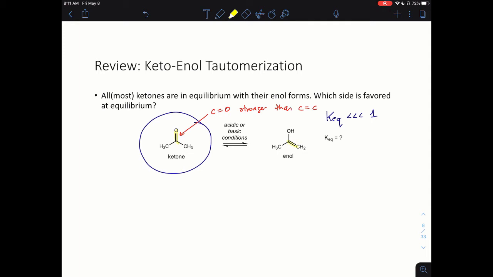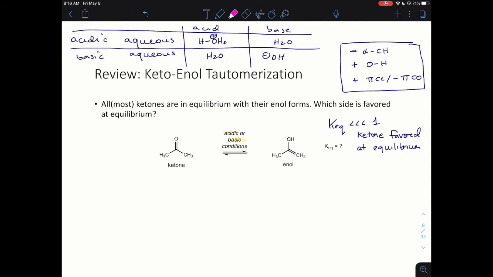But we do see that most ketones are in equilibrium with their enols under both acidic and basic conditions. Let's quickly review the mechanisms for the tautomerization under acidic and basic conditions. There's a couple main things that need to happen here. So we need to remove the alpha C-H, so it goes from CH3 to CH2.